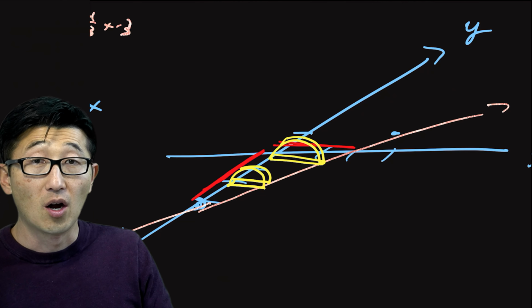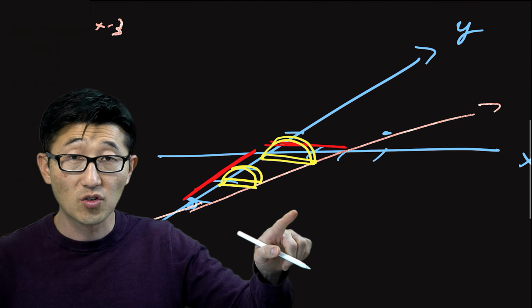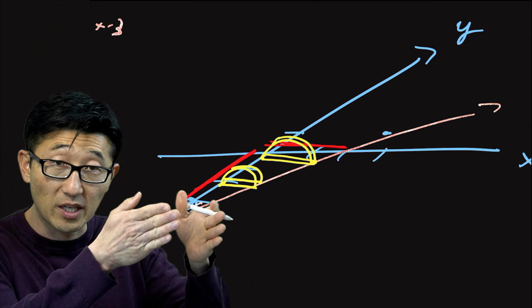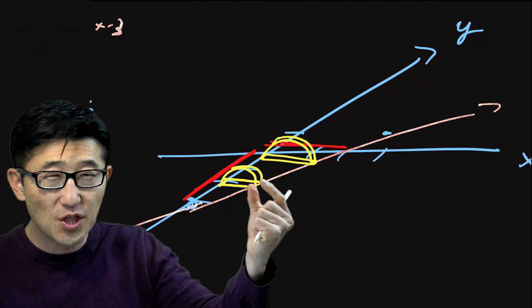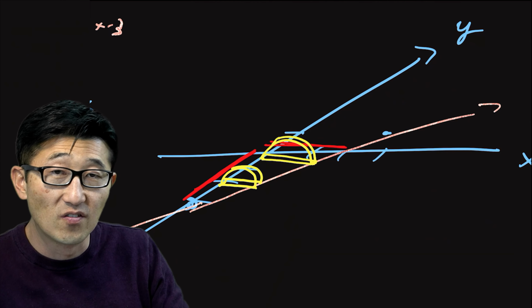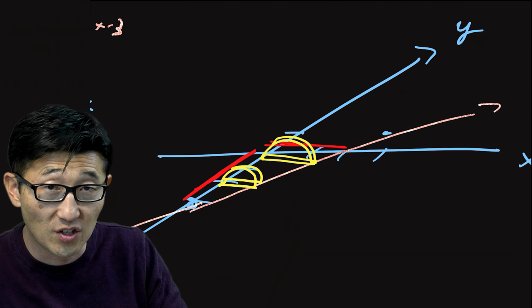Basically, this is on the ground. These semicircles are sticking up like tacos, and you're going to line up an infinite amount of them thinly sliced, and you want to find the volume of that cross-sectional figure.